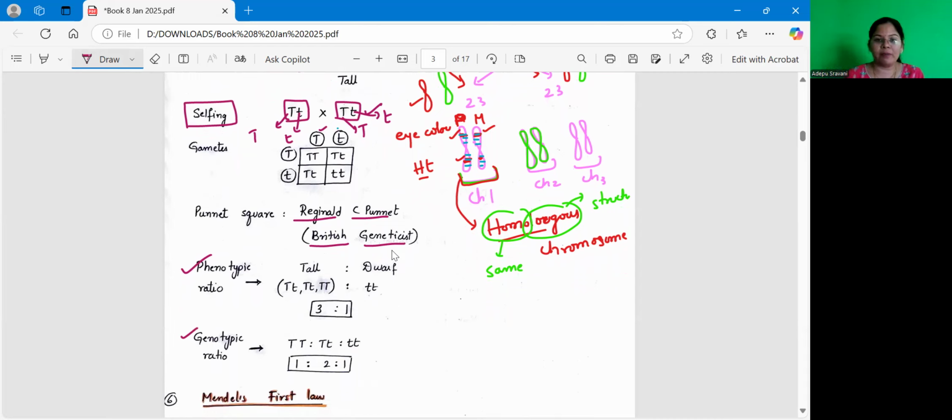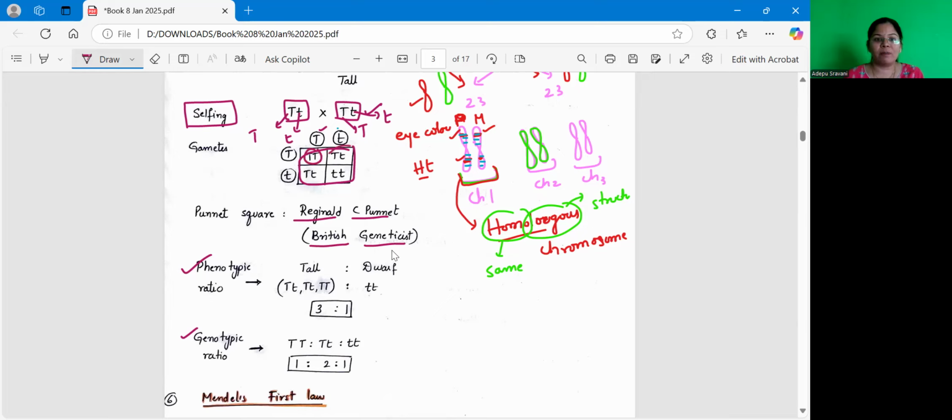When you make a Punnett square, these are the 4 progeny we are getting. Phenotypic is the morphology, the outer appearance, what we can see. So here you have to follow the law of dominance.